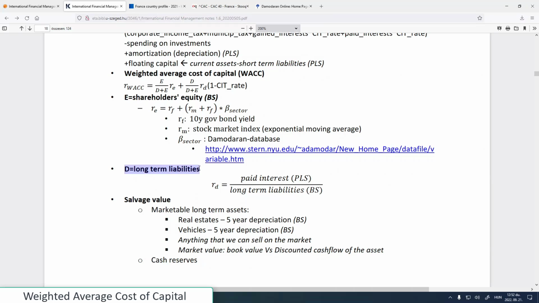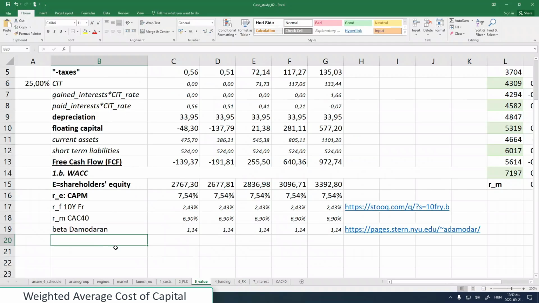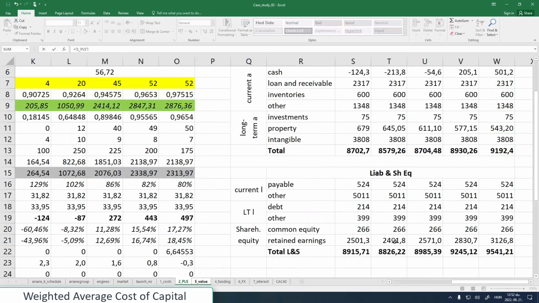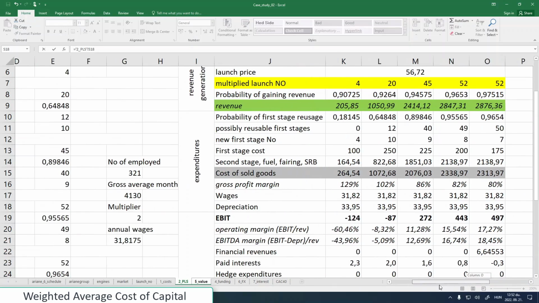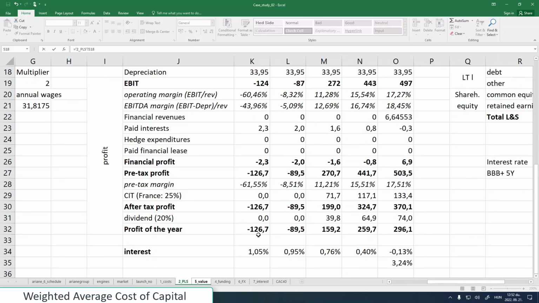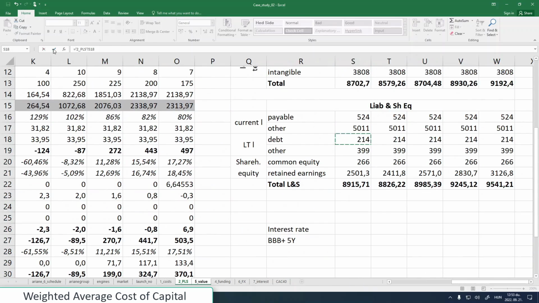And also we need long-term liabilities. In the case of long-term liabilities, it depends on the company, because at the beginning the company did not have any kind of debt. I created the debt because I was able to see that I'm in such losses. So practically the debt is the sum of these two numbers here. If I'm going back, then you can see it already.